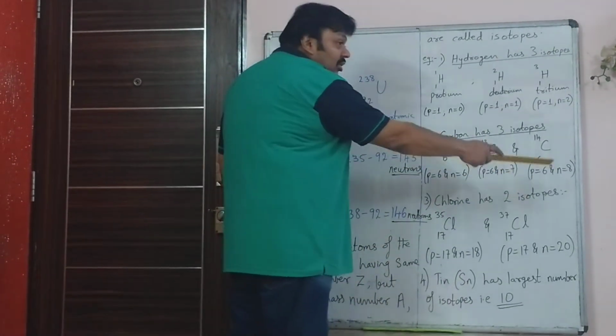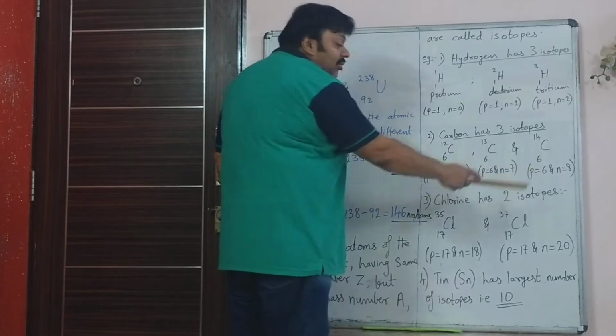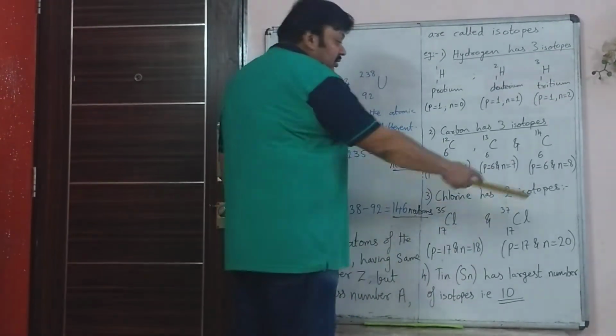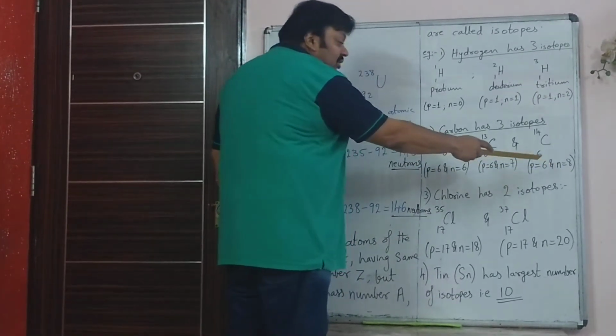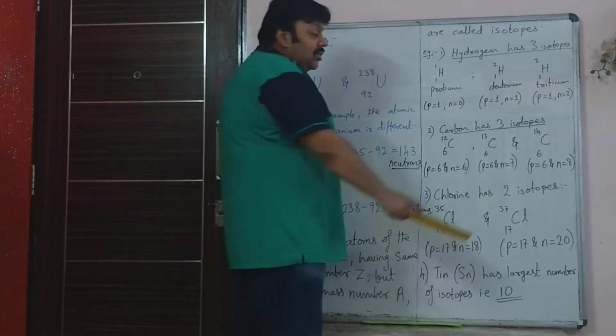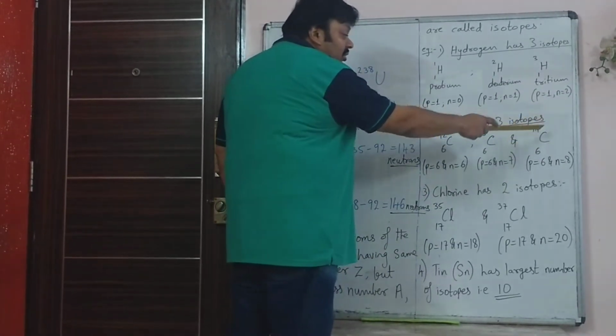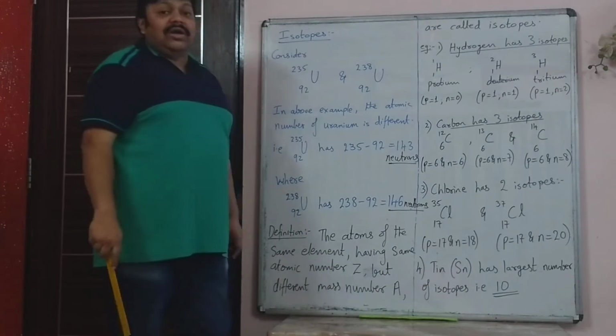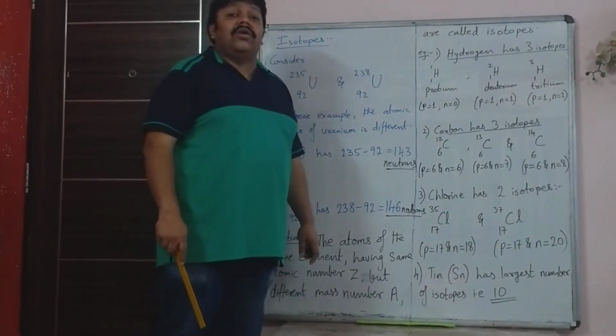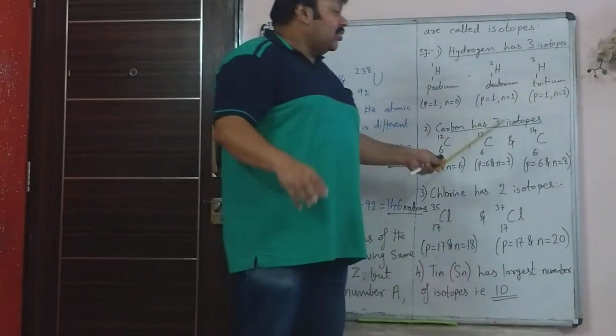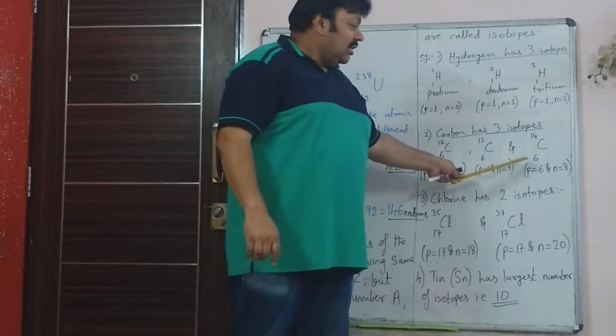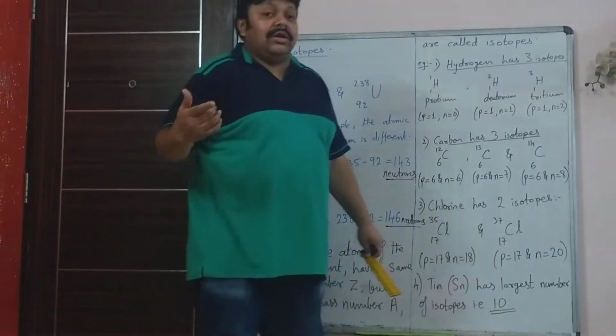Here the number of neutrons is far more than the number of protons in the nucleus. Since the number of neutrons is greater, there is some instability, and this is a radioisotope. Such unstable isotopes are also known as radioisotopes. They emit radiation. So this is generally used in carbon dating.